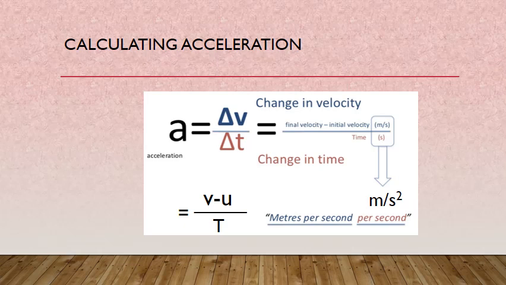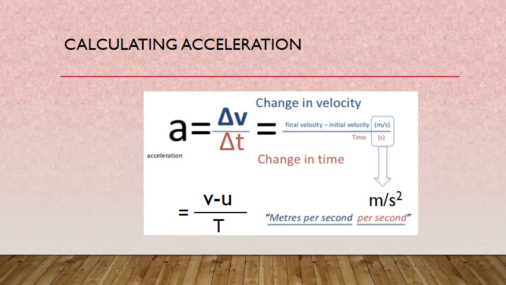Delta is a symbol which indicates change. So delta v is the change in velocity, and delta t is the change in time. Initial velocity is indicated with the letter u, and final velocity is indicated with the letter v.